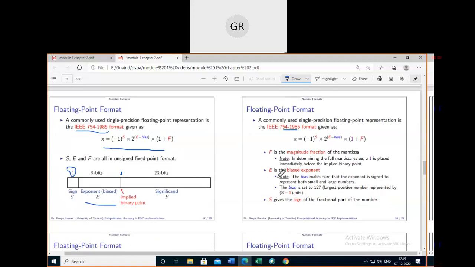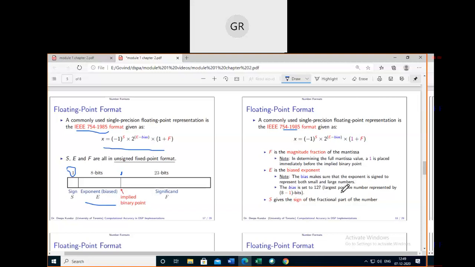Then e is the biased exponent. The bias makes sure that the exponent is signed to represent both small and larger numbers. The bias is set to 127.